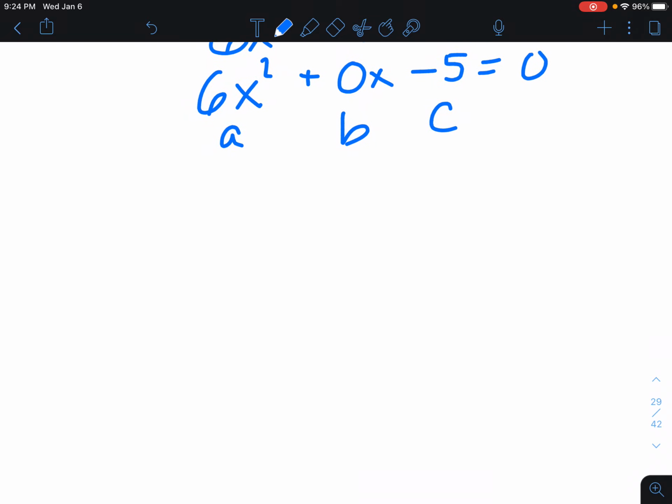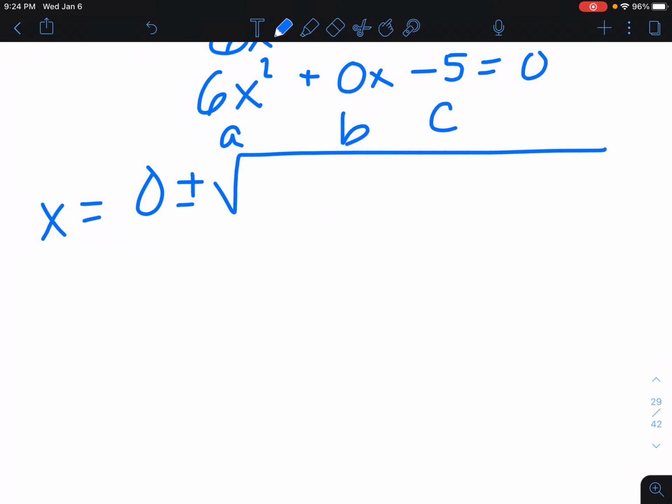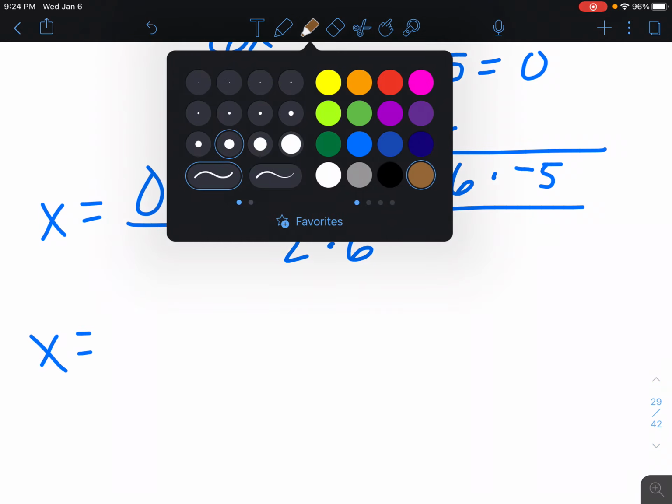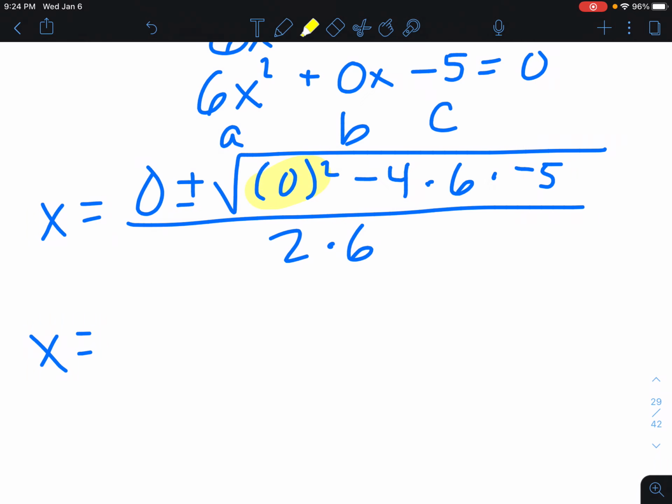Okay, now let's plug into our formula. Negative B plus minus square root of B squared minus 4 times A times C divided by 2 times A. Let's multiply our 3 times: 1, 2, and 3.